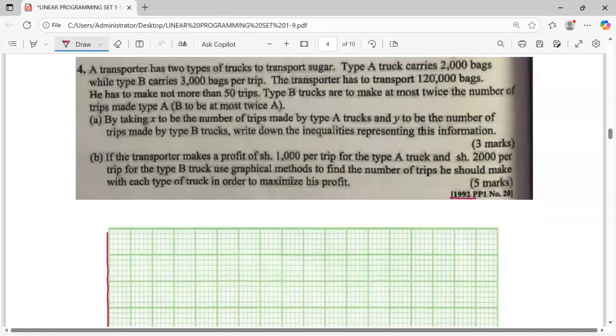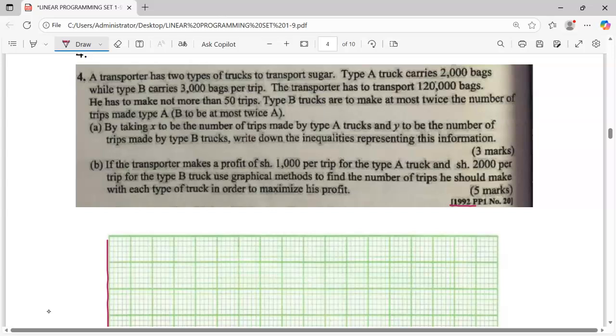We have also been told that type A trucks are making X trips and each trip carries 2,000 bags. So the total number of bags to be transported by type A trucks will be 2,000 multiplied by X. Then B trucks make Y trips and each trip they carry 3,000 bags.